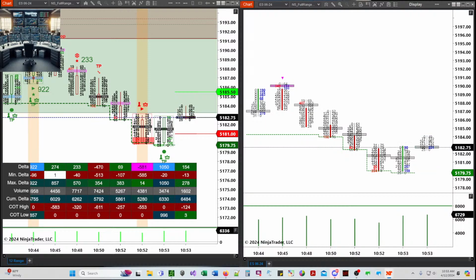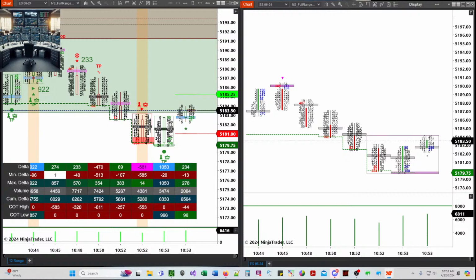Got some power buying to the upside. Buyers are coming back in.